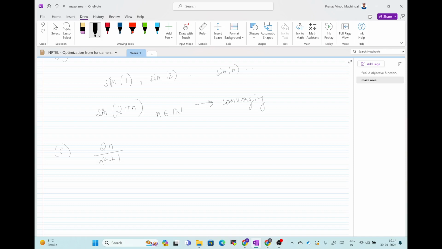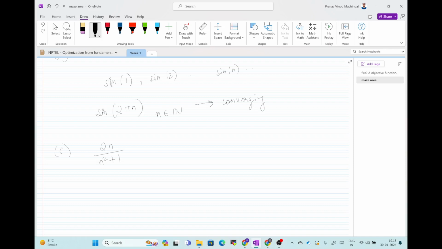What is its limit? It will converge to 0.